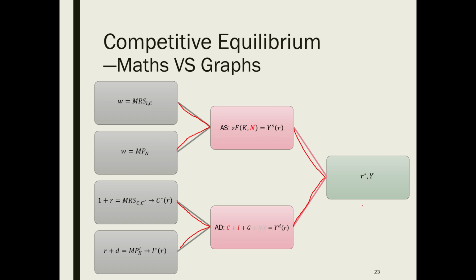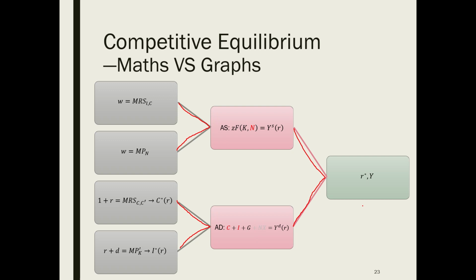This slide explains the idea in the previous slide further. The intratemporal conditions are exactly the same as those derived in the static RBC models, while the intertemporal conditions are the same as those derived in the dynamic RBC model. The AS and AD curves are derived by combining these conditions and substituting out some endogenous variables.